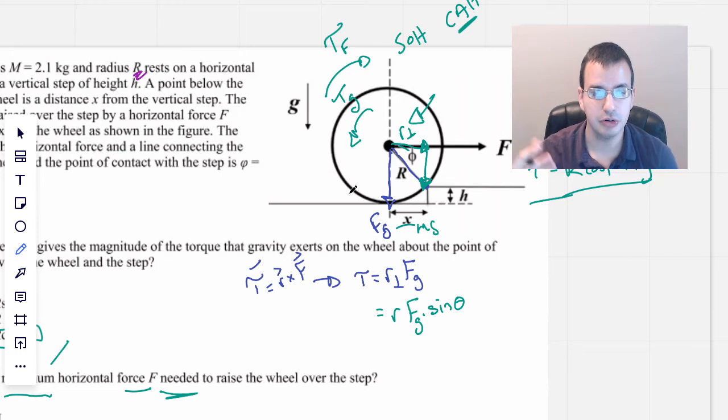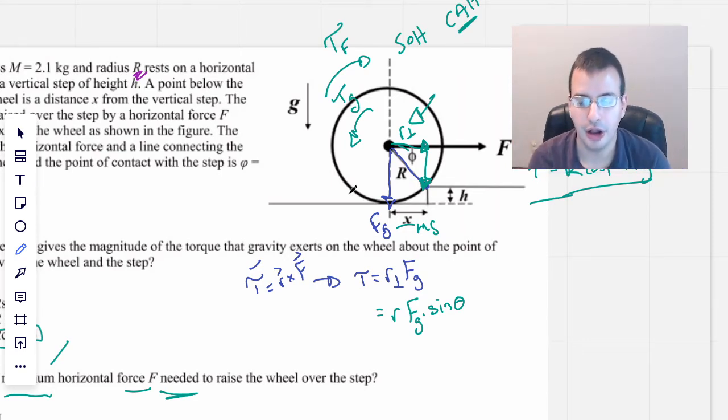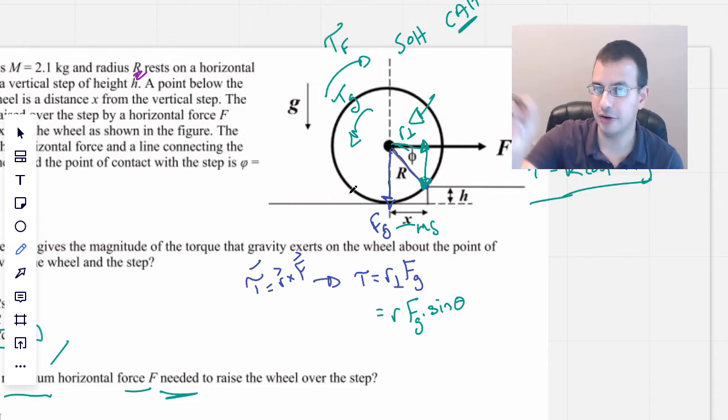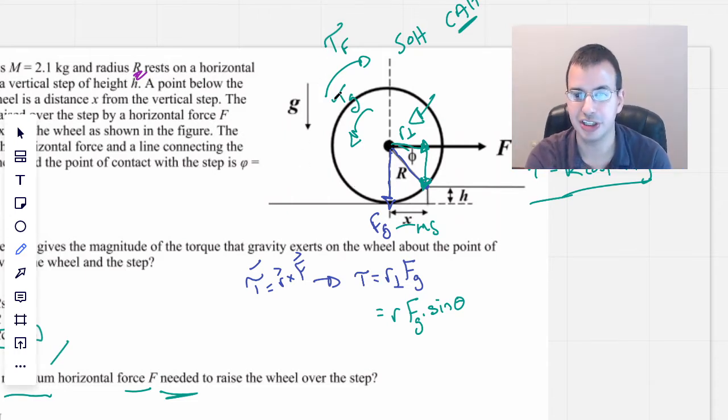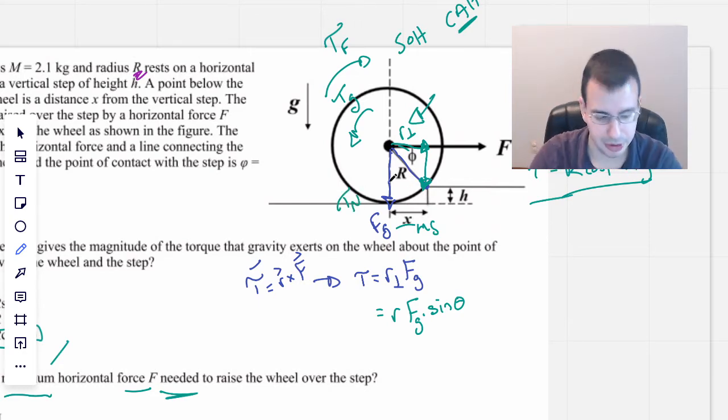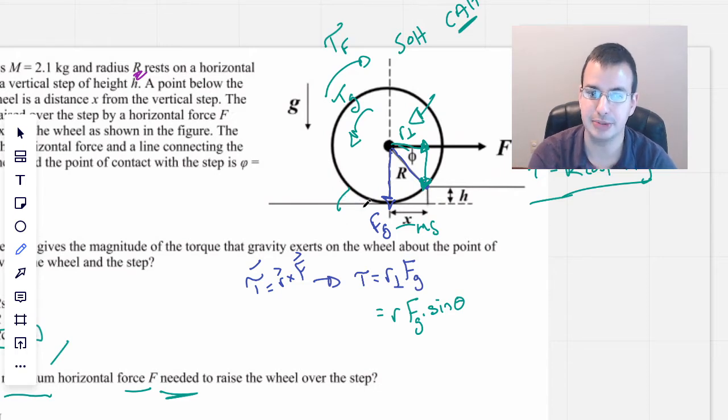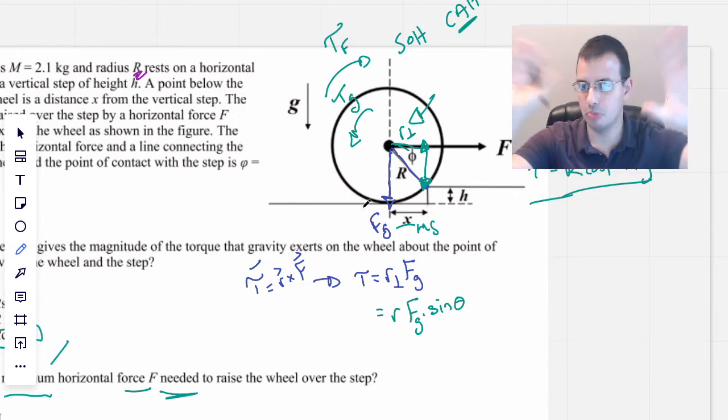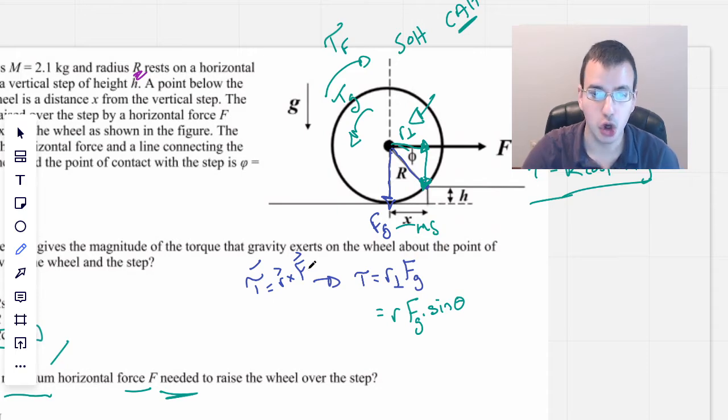Eventually that will reach 0, and then the torque will become unbalanced, and the wheel will rotate over the step. When the force is small, you can think that there's a torque from the normal force of the ground pushing up. As the force gets bigger, the torque from the force takes out this torque from the normal force, which gets smaller. That's a little bit more background information than you probably need.